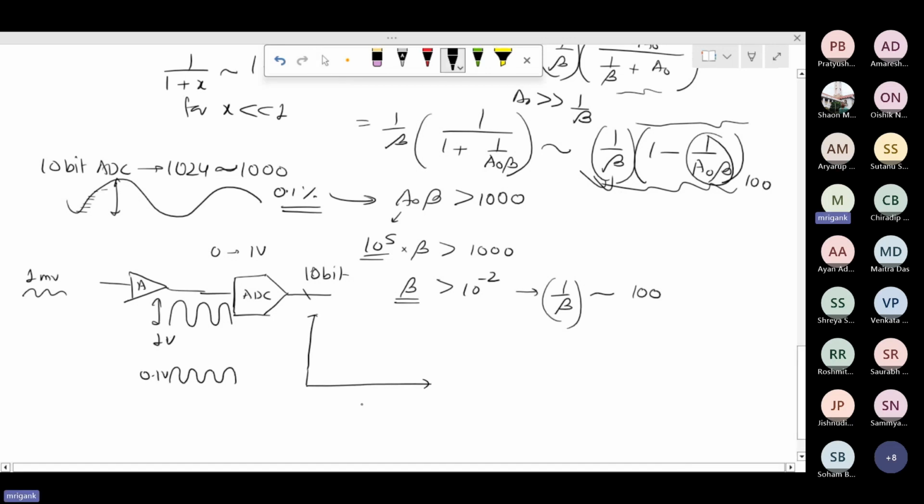The ADC is giving you the characteristics of the ADCs. If I am plotting V in across the input starting from 0 to 1 volt, the output code for 1 volt will go to the maximum value, whatever it is. So if it's 10 bit, it will go to 1 1 1 1 1 1 1 1 1 1. Starting from 0 0 0 0 0 0 0 0 0 0, midway it will be 1 0 0 0 0 0 0 0 0 0.